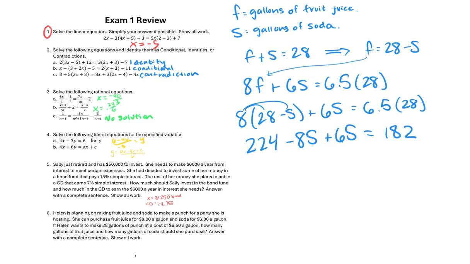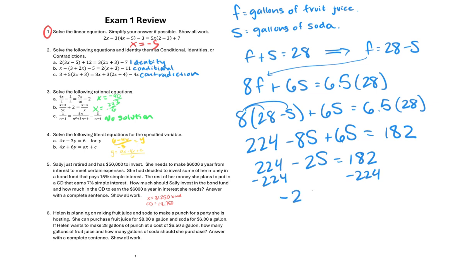So then we can solve this for S. So we can combine these like terms here. We have 224 minus 2S is equal to 182. We subtract 224 from both sides. 182 minus 224 is going to be negative 42.